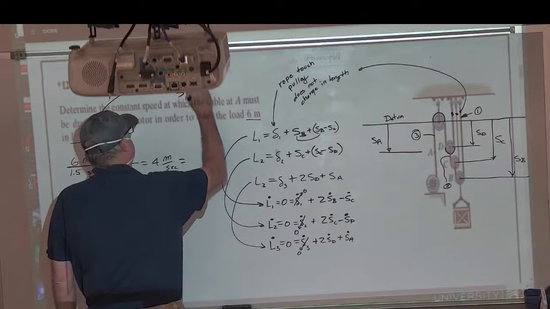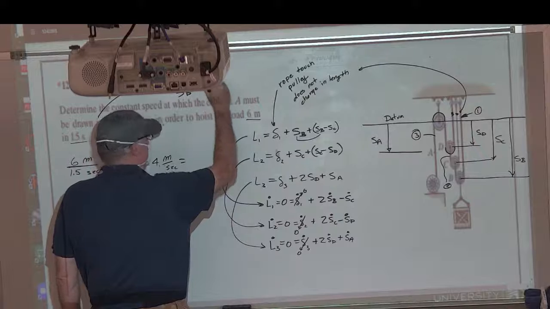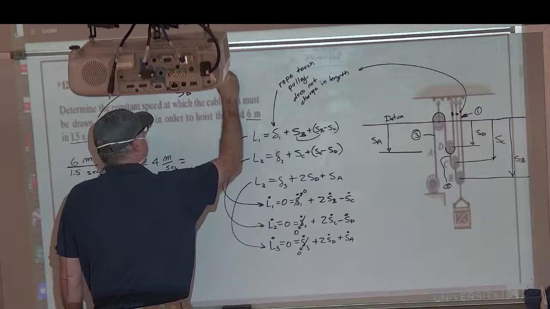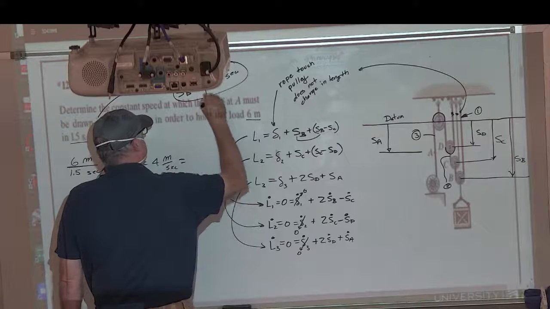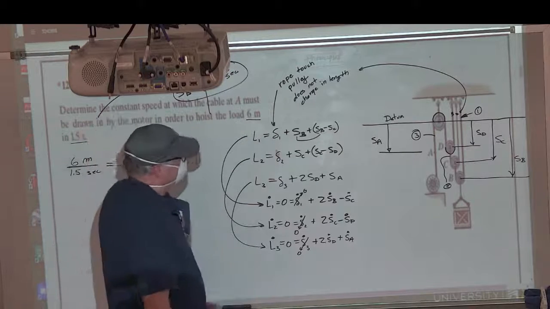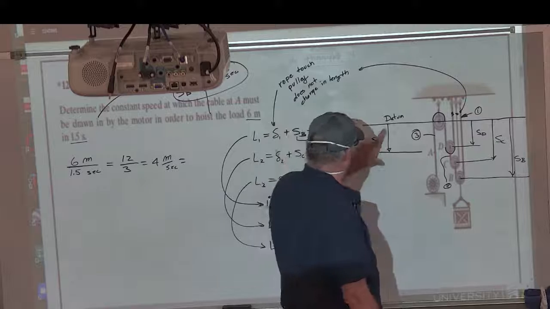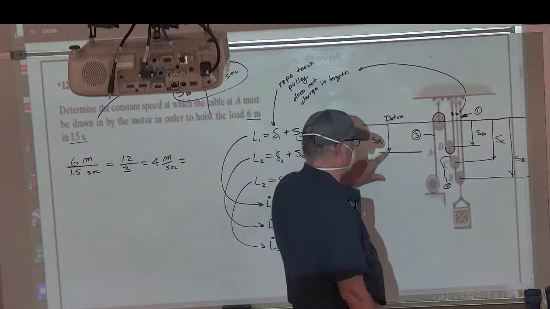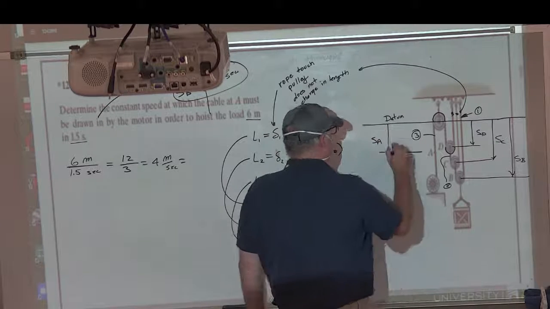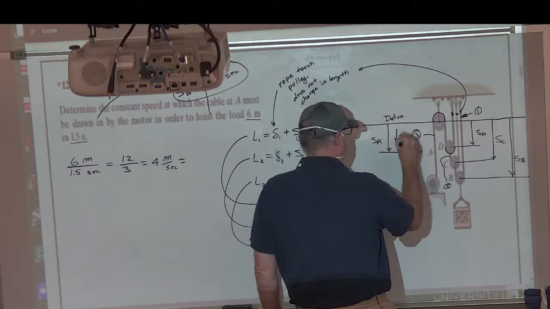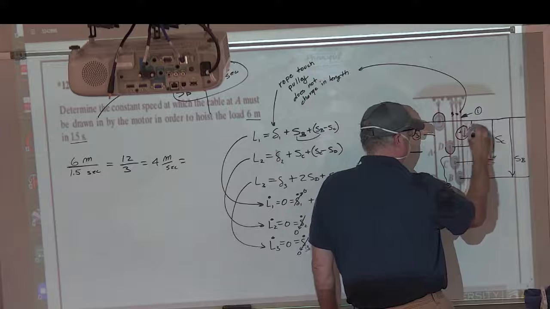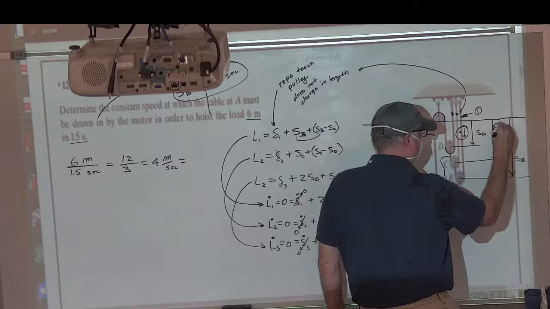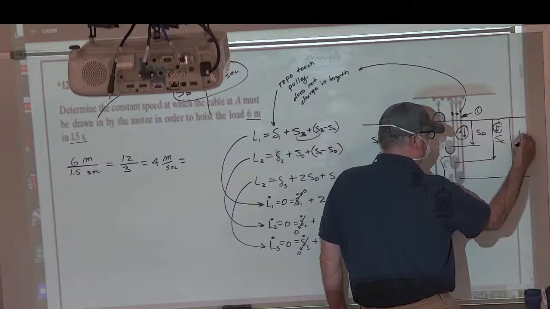Now, you have to pay particularly close attention. Why did I put a minus sign here? The direction from the datum to the locations is important, which means this is plus, this is plus, this direction is plus, and this direction is plus.